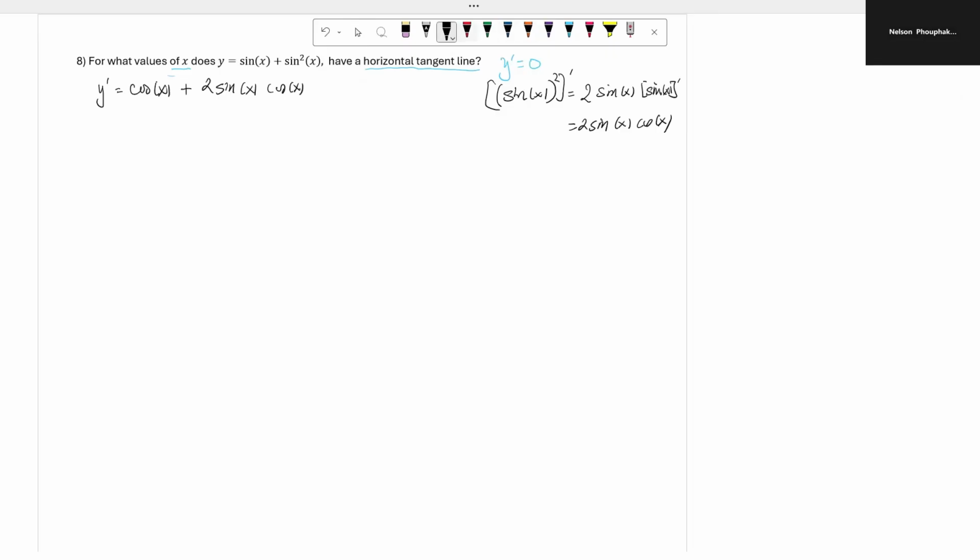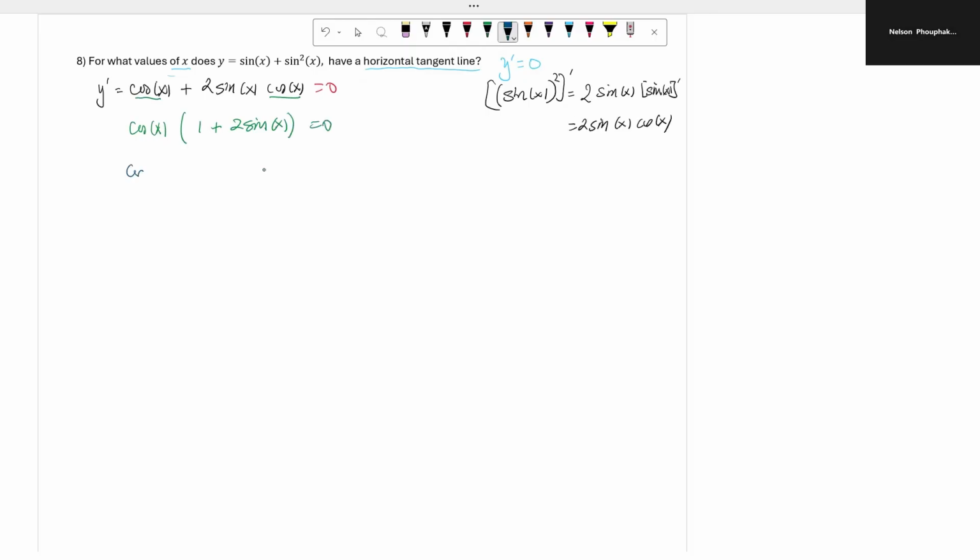Then I would like to set this equal to 0 because we want to find where the function has a horizontal tangent line. Now we have a common factor, so we could take out the cos x. Then I have cos x times 1 plus 2 sin x equal to 0.